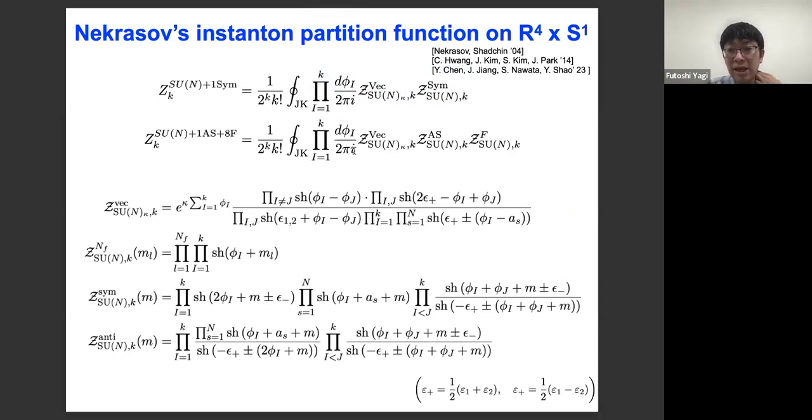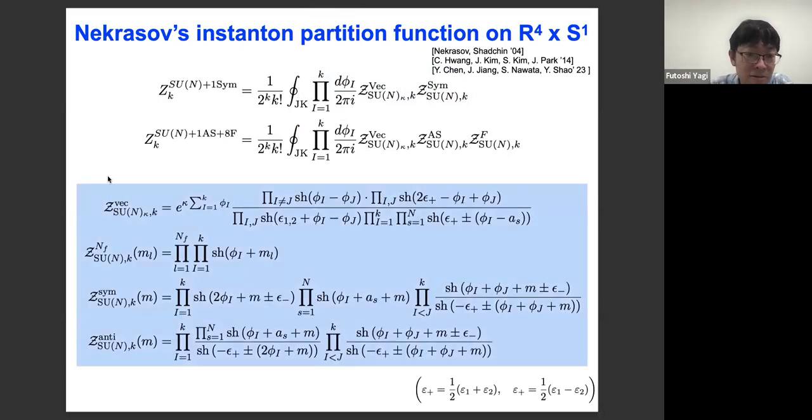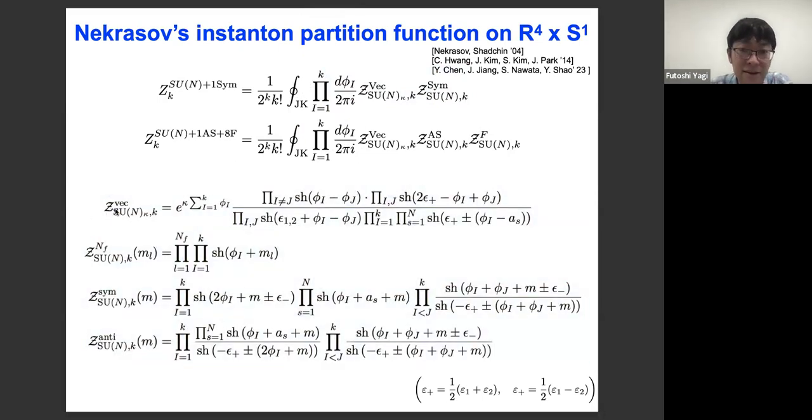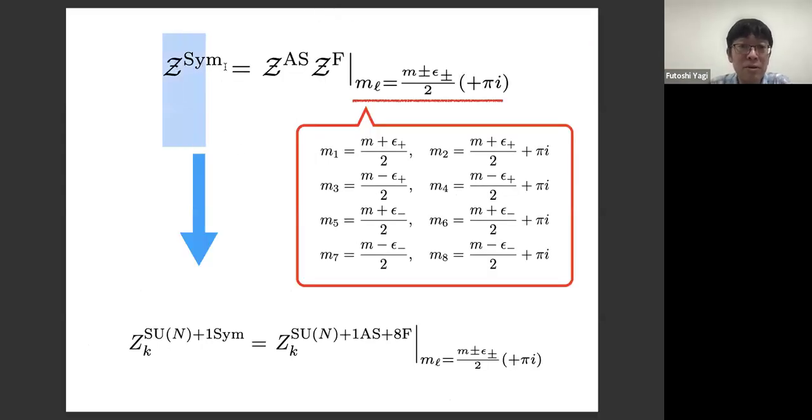Practically, what I did is compare this integrand, which I call curly Z, by tuning the mass or the Coulomb moduli, and check the agreement. For example, the integrand for symmetric and the integrand for antisymmetric and flavor agree when you tune the mass of the SU with flavor to be tuned in this way.